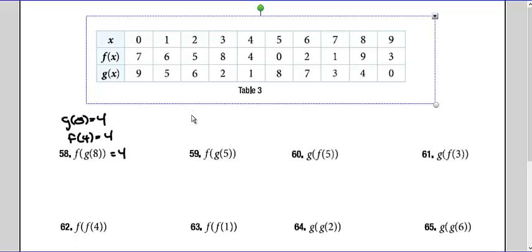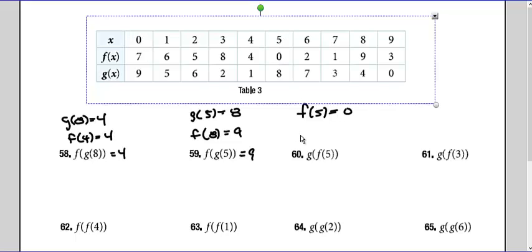Okay, next one, g of 5. So here's 5. g of 5 is 8. Then we do f of 8. So f of 8 is 9. The next one, f of 5. f of 5 is 0.